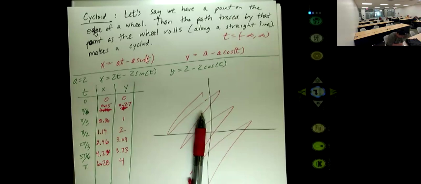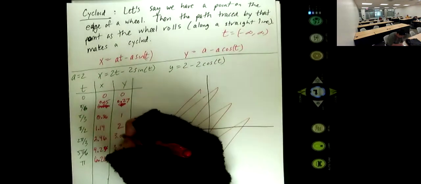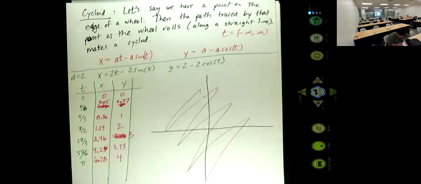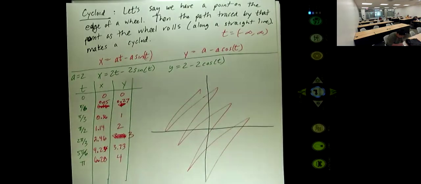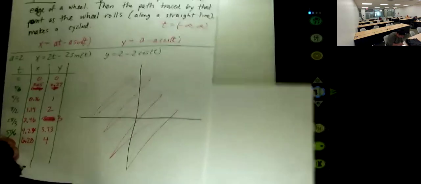It looks like that, right, without using the calculator. Yeah, just 3. Alright, so let's see what's going on.